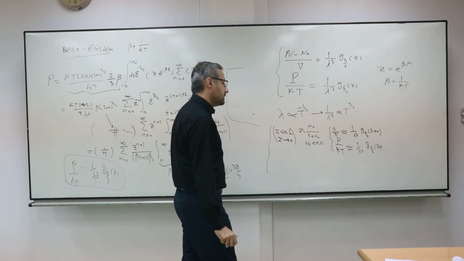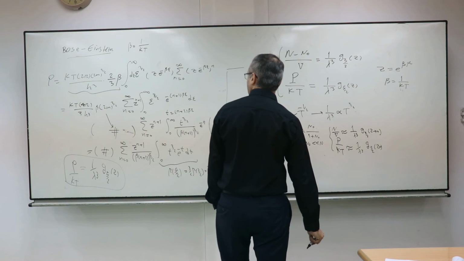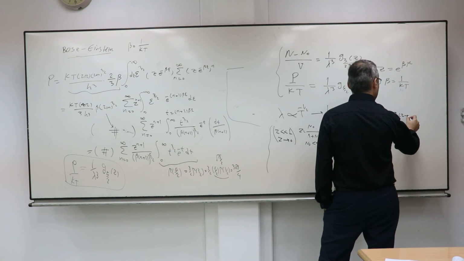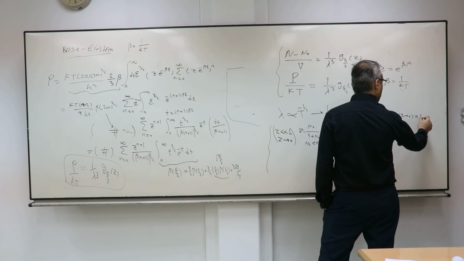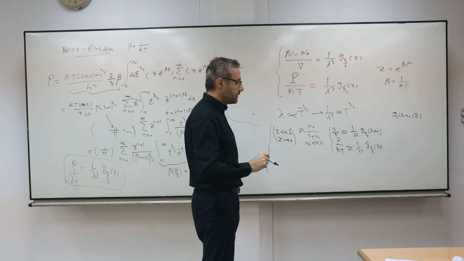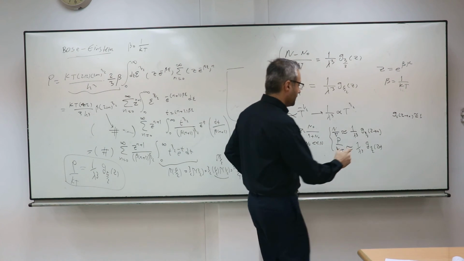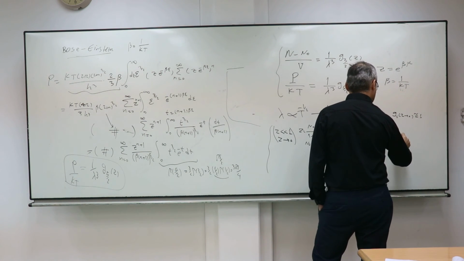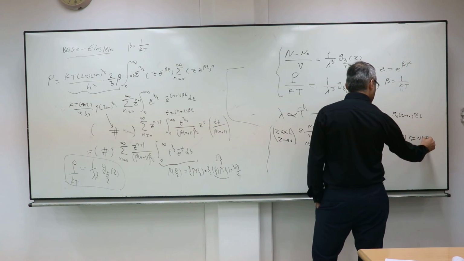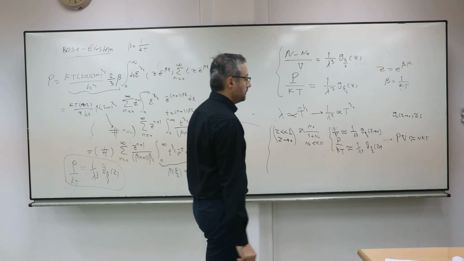when z tends to 0, what is the g? You see that from the definition of g, g_ν(z) when z tends to 0 is z. It was a sum, so you keep just the first term. So from here you can see that only in this case, PV will be NkT, as you see.